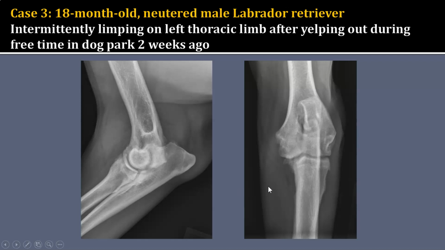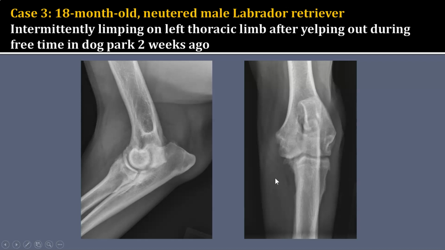So when I go to the craniocaudal view, remember that this is medial. This is the medial coronoid process, so coming off from that ulna. This is quite abnormally shaped, has some probable excess bone. And then if I look really closely, I think there is a radiolucent line that goes through this piece of bone adjacent to the medial coronoid process.